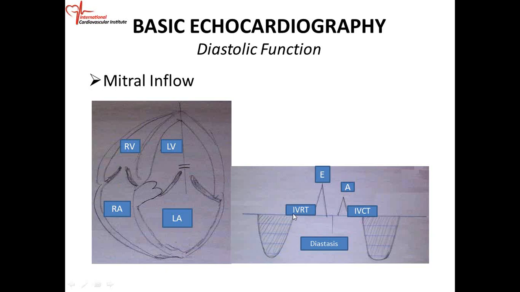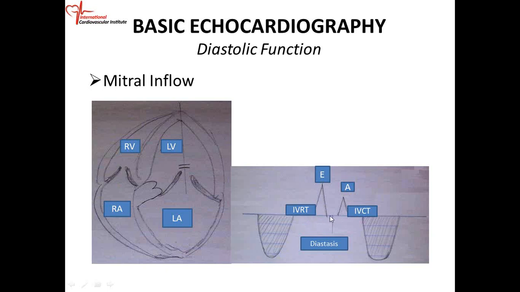Then IVRT is from the end of your left ventricular flow tract envelope, because the aortic valve is closed and the mitral valve has not yet opened. Then the mitral valve opens, you have your rapid suction, which is the passive filling.